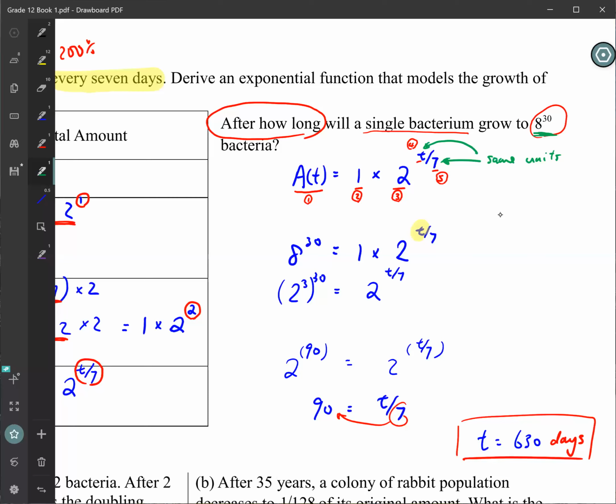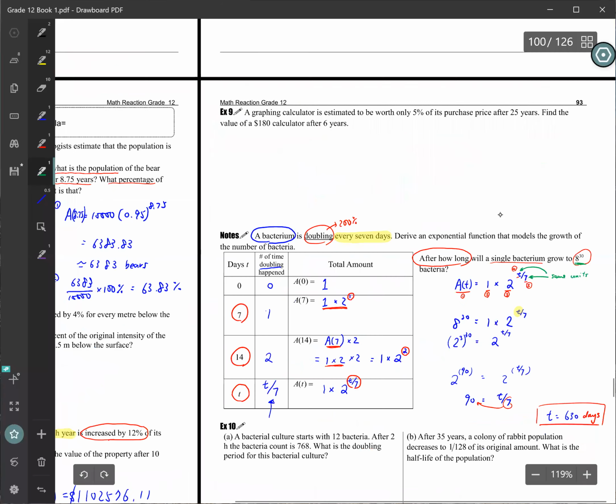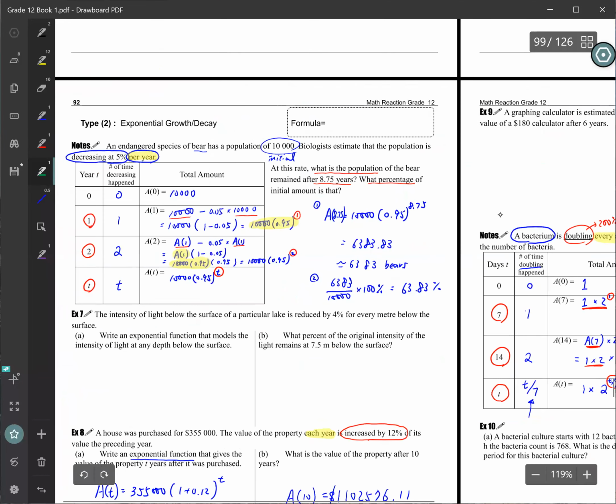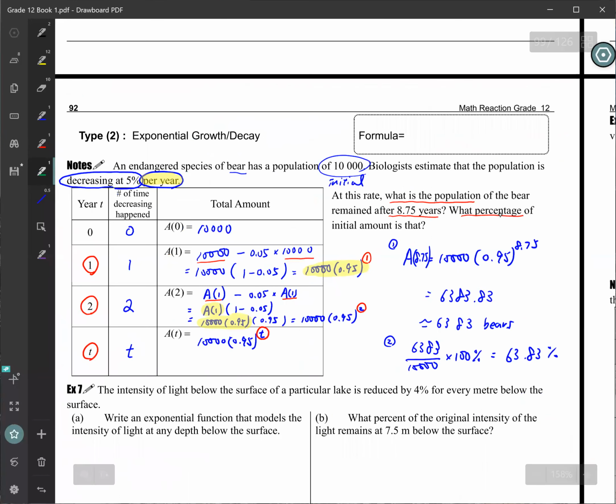Okay, so from this example, we can write out a formula now. Let's go back to the last page on the top right. So the formula we will have is A of t. So it could be the number of bacteria, number of bears, right? And then A of 0, that's your initial amount. And then you have the growth and decay, right?